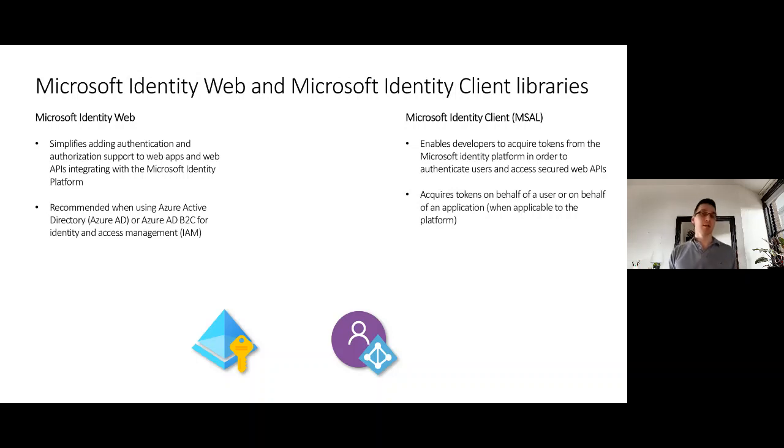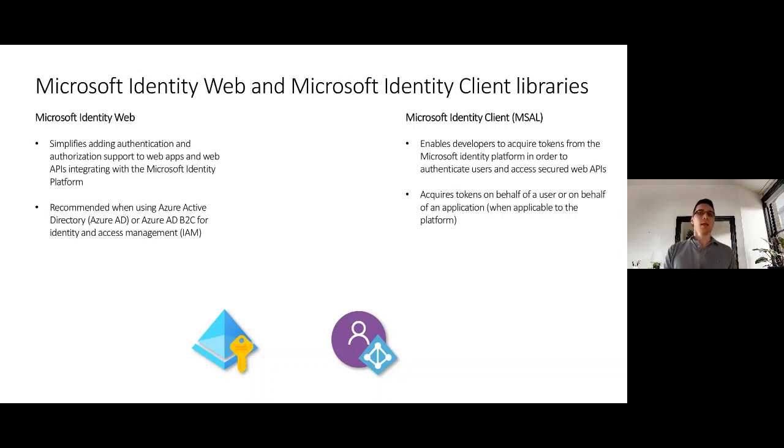So in the end, with Azure AD B2C. You can use Microsoft Identity Web to communicate with Azure Active Directory and Azure Active Directory B2C. So if you plan to integrate your applications also with Azure AD, Microsoft Identity Web is the way to go.